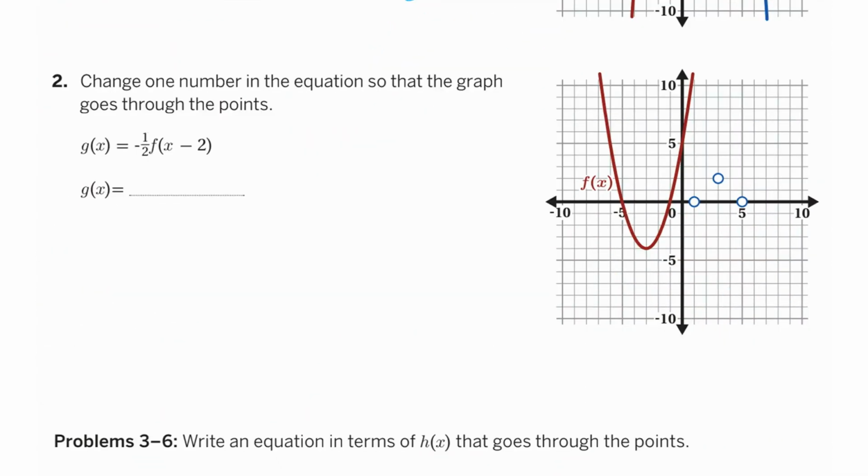So for number 2, we're going to change one number in the equation so that the graph goes through the given points. Now, this one's a little bit tricky because we have to go through this in the correct order, or else it messes things up. So the first thing I'm going to do is graph what g of x would be in green if we didn't change anything. The first thing we're doing is shifting 2 units to the right from this part right here.